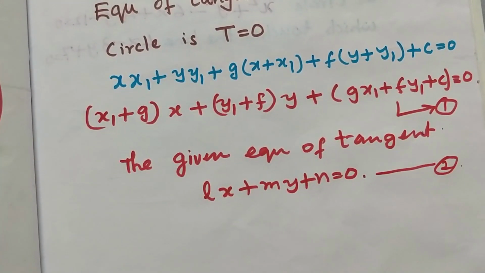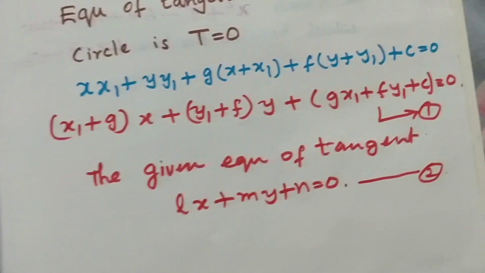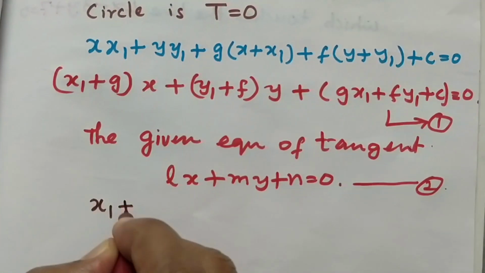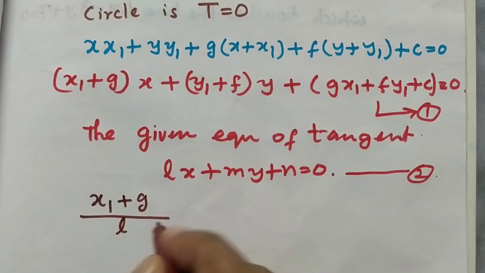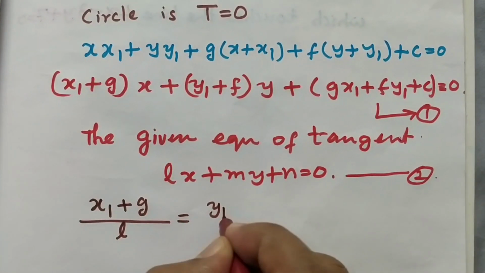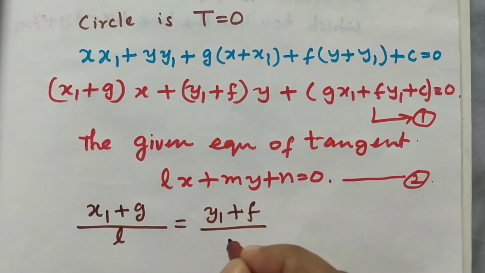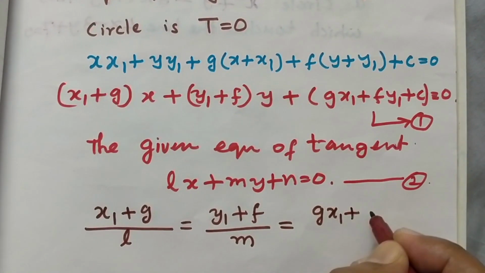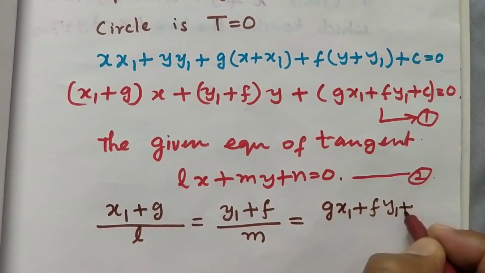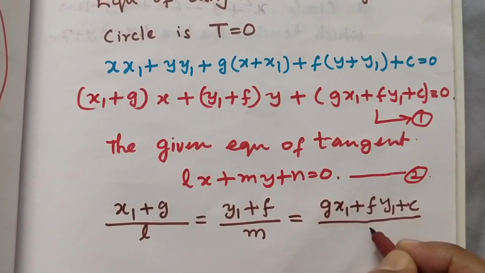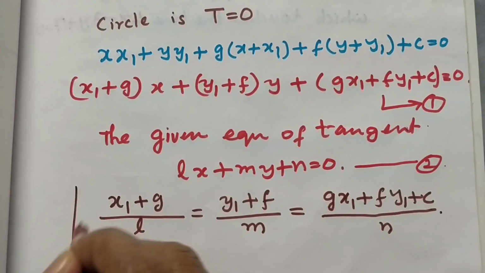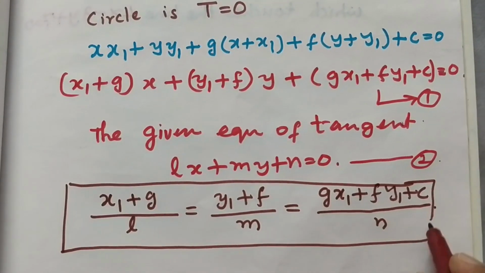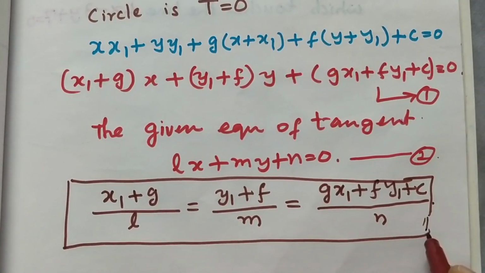So x1 plus g by L is equal to y1 plus f by m is equal to g x1 plus f y1 plus c by n. By using this relation, you can find the point of contact, that is, x1 comma y1 values you can find.